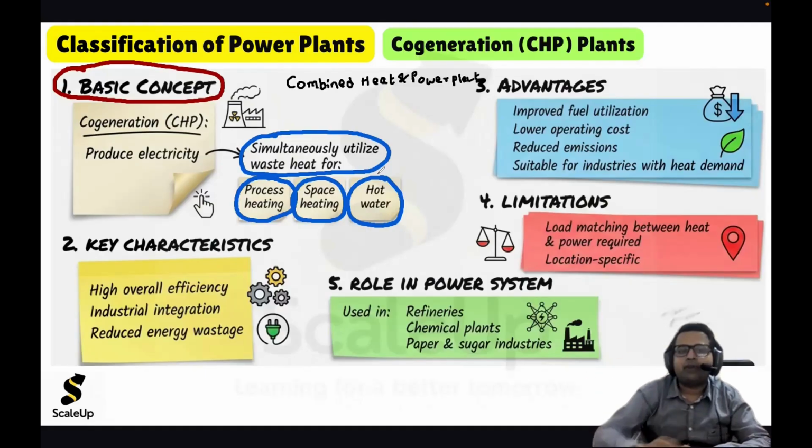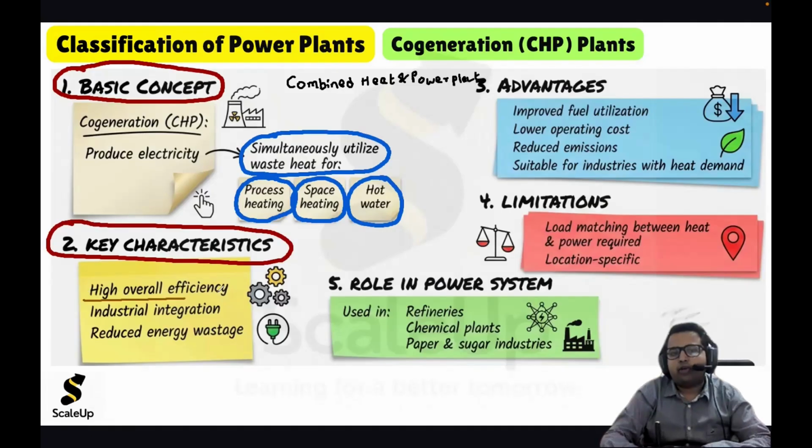So that's a very powerful concept of cogeneration power plants, wherein we are utilizing the waste heat to generate further electricity. If we talk about the key characteristics, they have high overall efficiency. Efficiency is increased now because we are utilizing waste heat. Industrial integration: these cogeneration power plants are integrated with an already running power plant.